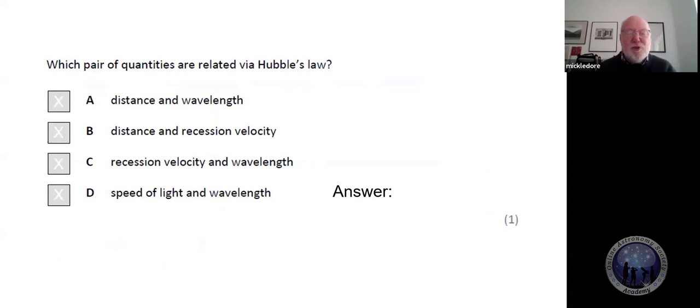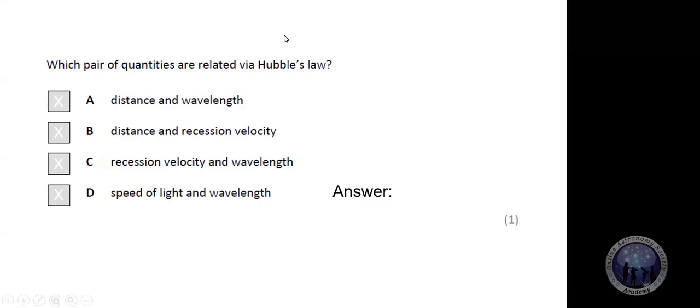And another question, a nice multiple choice for you. You can shout your answer out if you like, ladies and gentlemen. Which pair of quantities are related by Hubble's law? Nice easy one. Put it in chat or shout your answer out. We've had C offered.